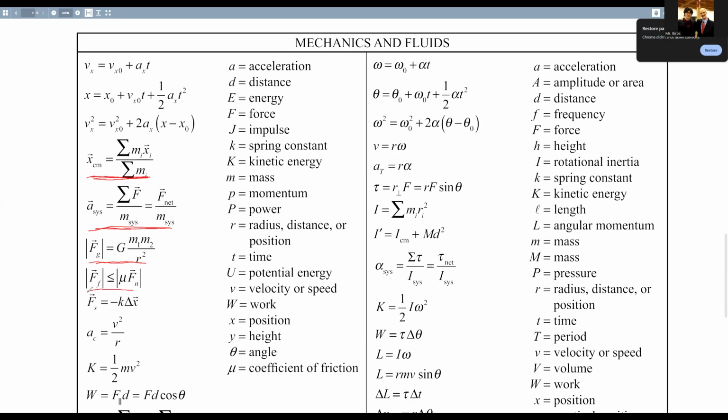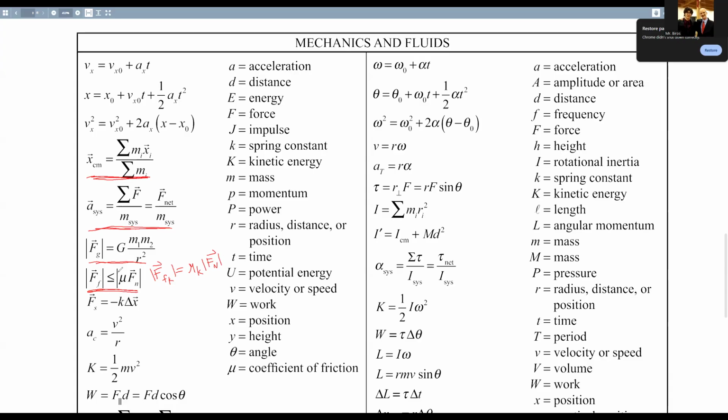There's friction. Quick reminder with this one. With friction, you want to split it off into kinetic friction: the force of kinetic friction equals mu k times the normal force. Both equations, static and kinetic, are friction and then mu times normal force, but the difference is kinetic friction just equals mu k times the normal force.